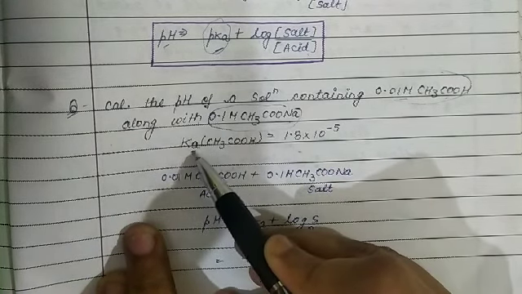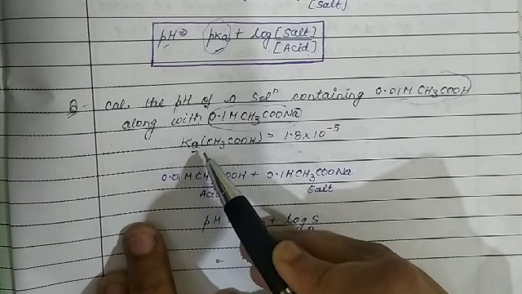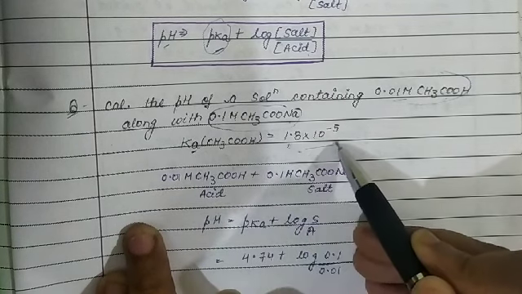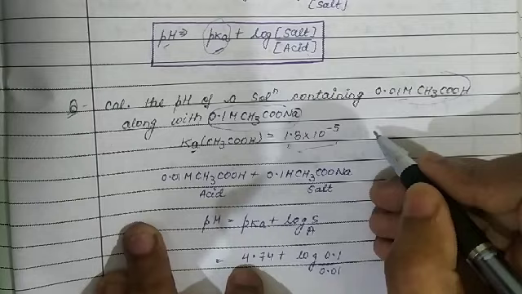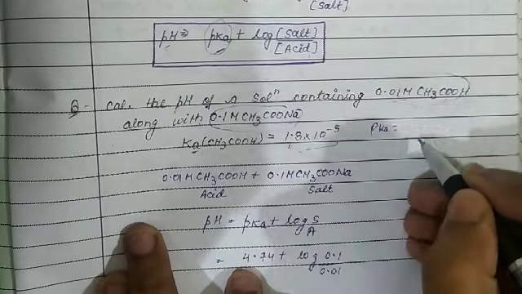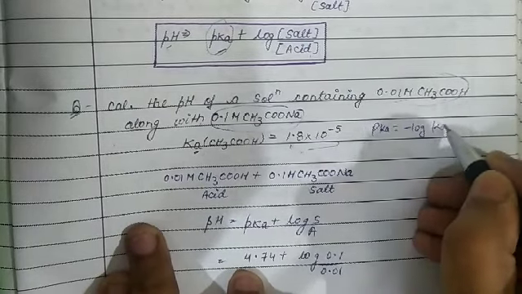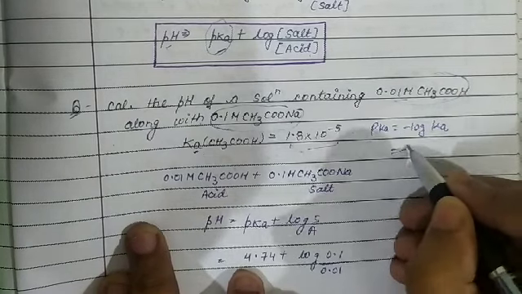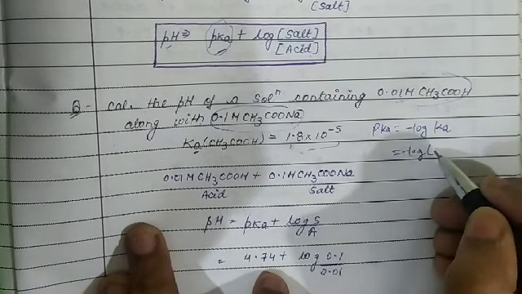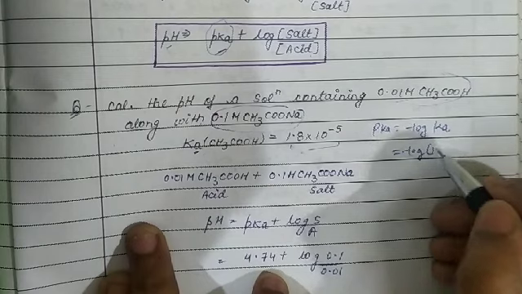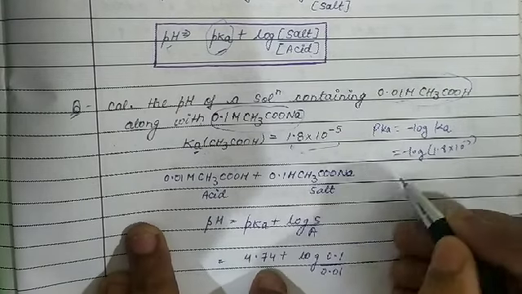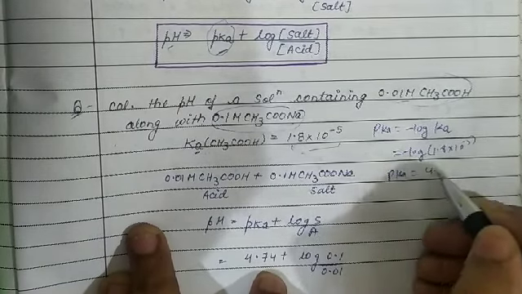Also we have the value of Ka, which is given as 1.8 into 10 power minus 5. So now pKa will be equal to minus log of Ka. Putting the value of Ka, on solving we get the value of pKa equal to 4.74.